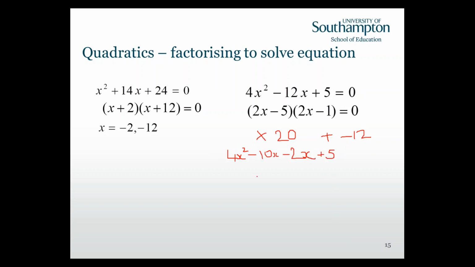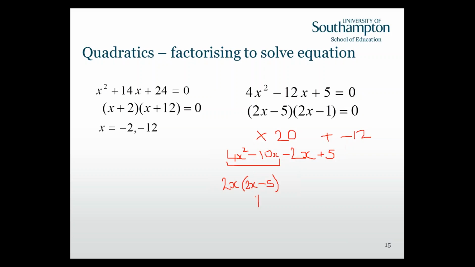And then I look at this first bit here. Common factor is 2 and x, and inside I'm left with 2x minus 5.